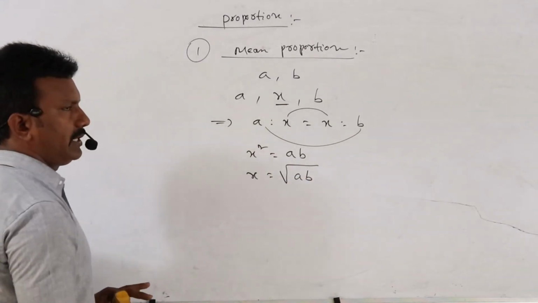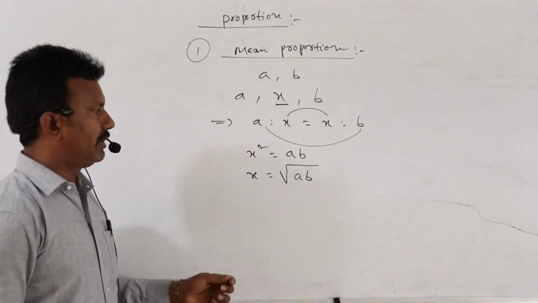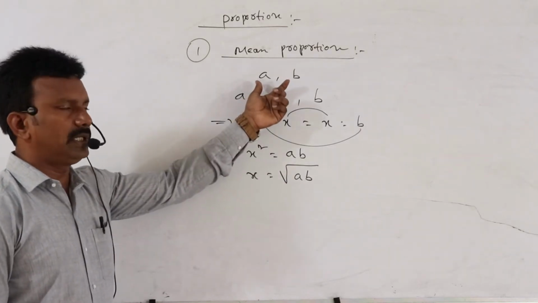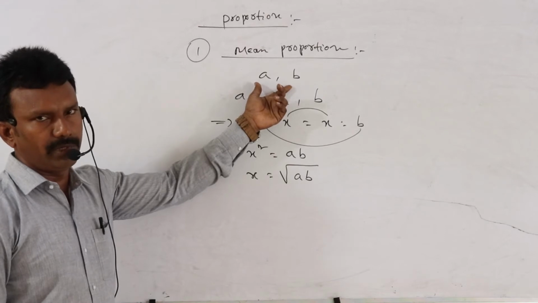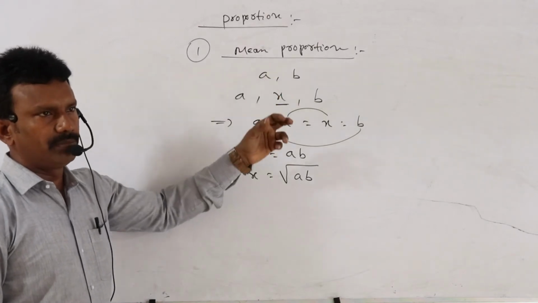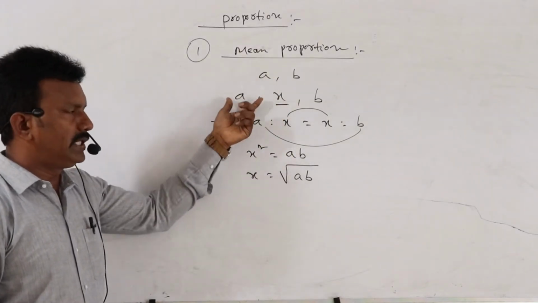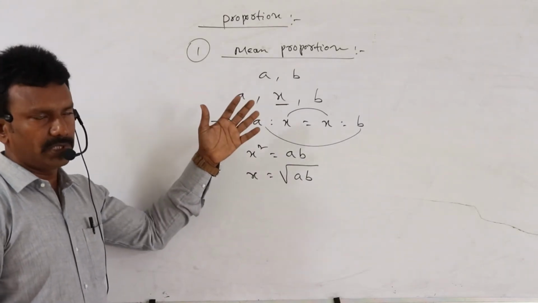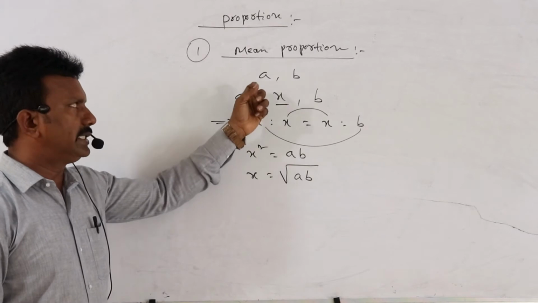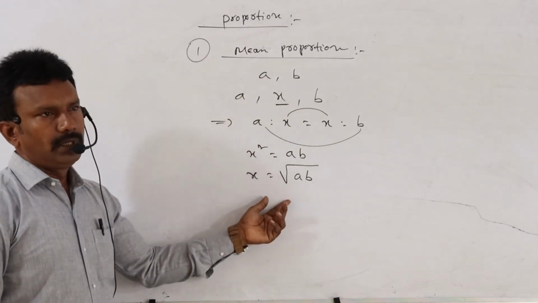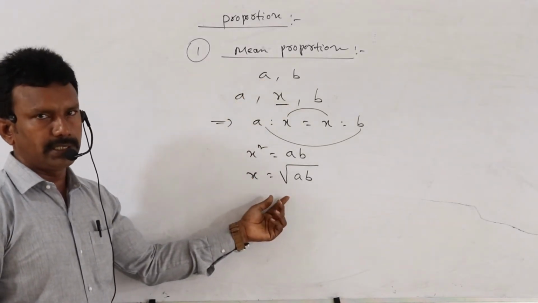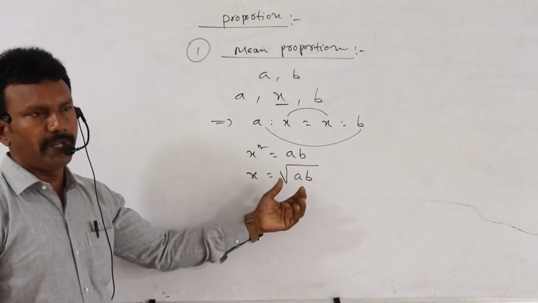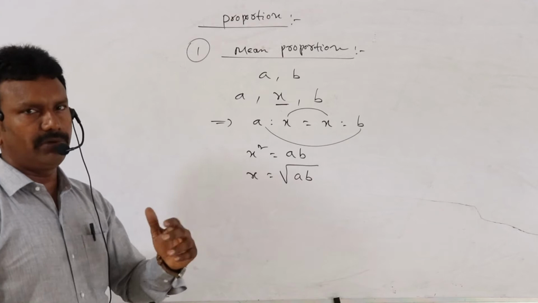We remember this one formula for mean proportion for numbers A, B. This is the complete explanation of finding the mean proportional. The simple shortcut for mean proportion is root AB. Root AB is the mean proportion of A and B.